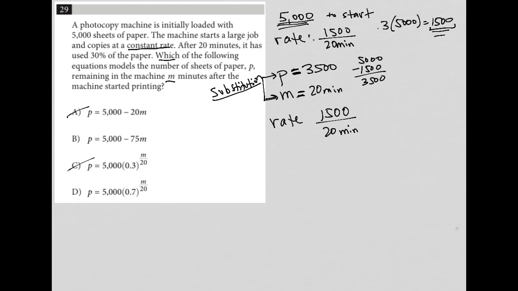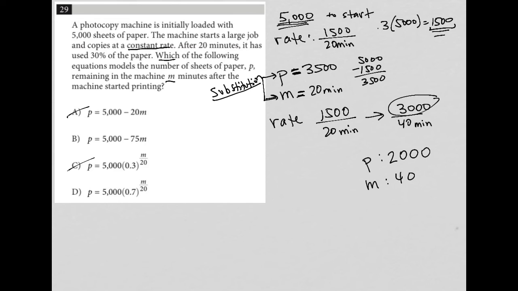Which would mean that after, let's say, 40 minutes, the machine should have used 3,000 sheets of paper. But our P value is not in regards to how many sheets of paper were used, it's in regards to how many sheets of paper remain. So if 3,000 were used, that means our P value would equal 2,000. There's 2,000 remaining out of the total 5,000 that we started off with. But our M would still be 40 minutes.